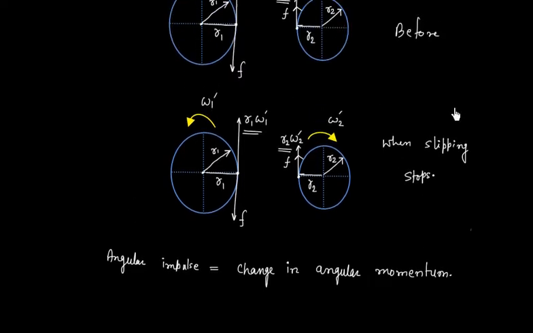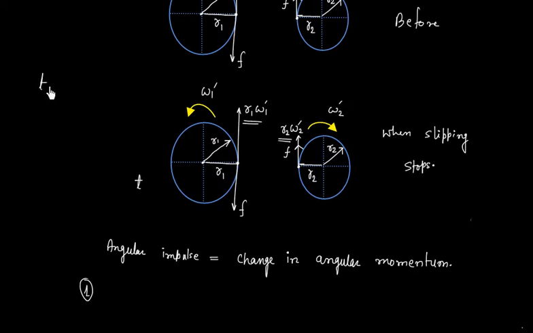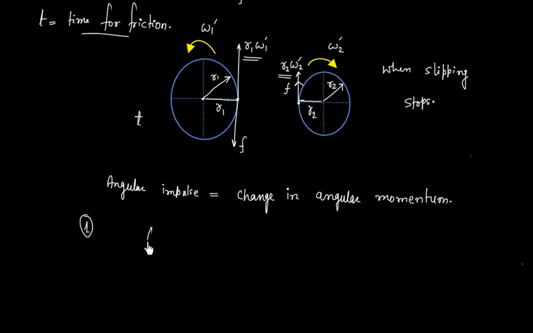Now let us apply it for cylinder 1. Friction acts for time t. So t is the time for friction. So angular impulse is equal to torque into time, that is F into R1 into time. Since omega is in this direction, friction is opposite, so the torque of friction is opposite.